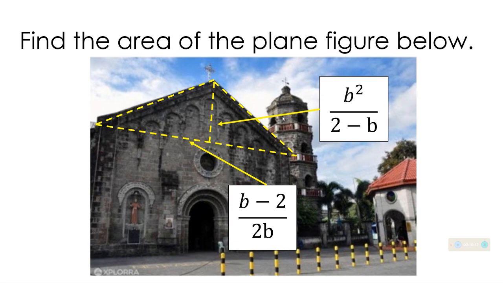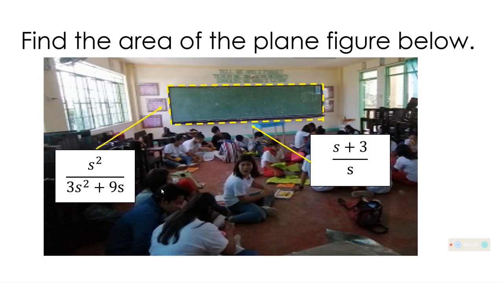But this figure shows that the height here is b squared over 2 minus b, and our base here is b minus 2 over 2b. So you are going to find the area of this. So you are going to apply the formula in finding the area of a triangle. Yes, correct. The triangle.